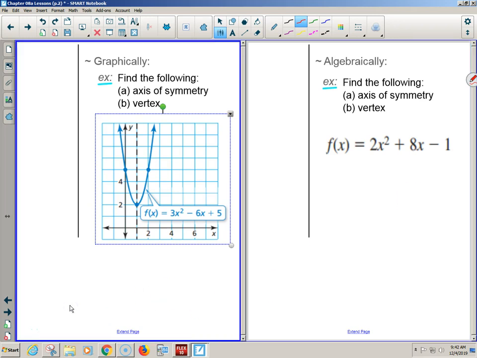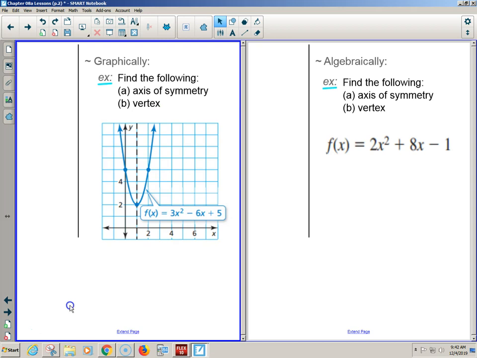So here's the graph. If you're looking at the graph, this guy has a vertex. He's a parabola. He has to. They all do. Is it the high point or the low point? The max or the min? Or can you guys see the vertex? You can, right? What's that point?